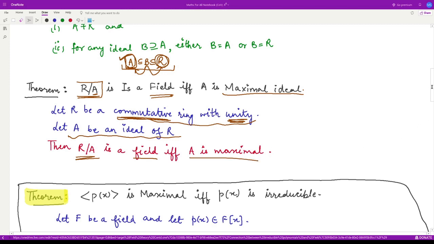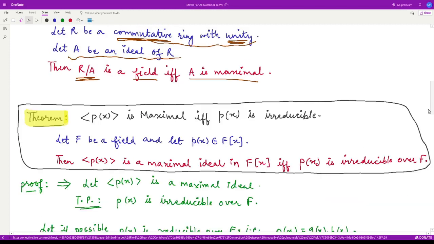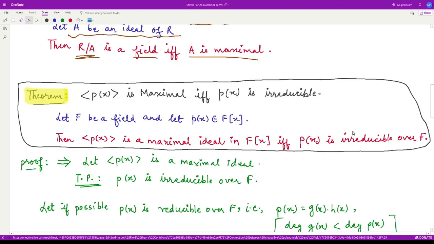So next we shall look at the important result which connects the irreducible polynomial and the ideals, right? And then we see the connection between ideals and field from the next result.